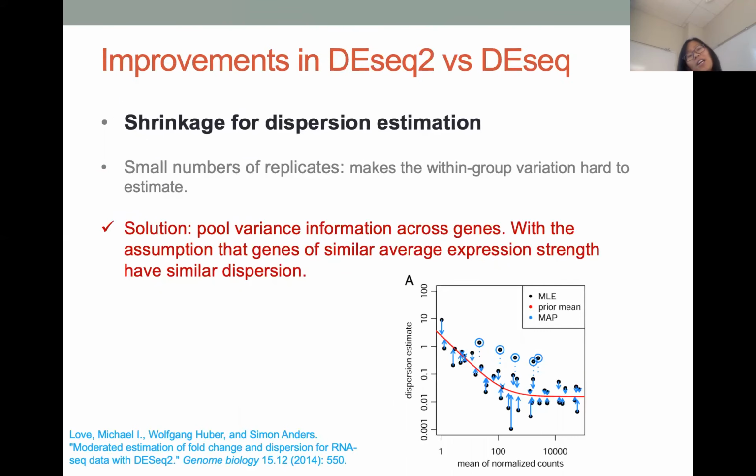I forgot which year it came out, the DESeq, but now it's already updated to DESeq2. Along its development, they also made some improvements. One thing is the shrinkage for the dispersion estimation. The dispersion estimation is basically estimating the variation of the genes.